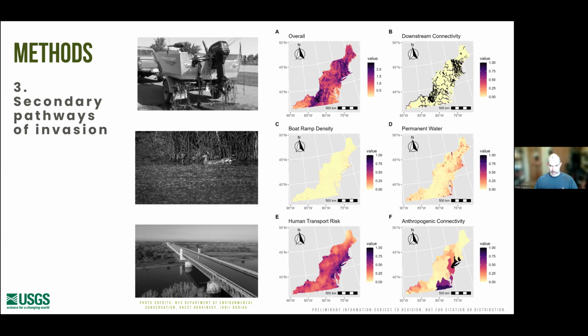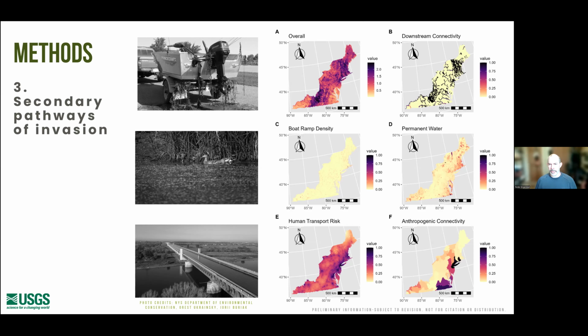Everything below that, C through F, are what we'd call species agnostic pathways maps. So these are representations of information that just describe landscape condition.